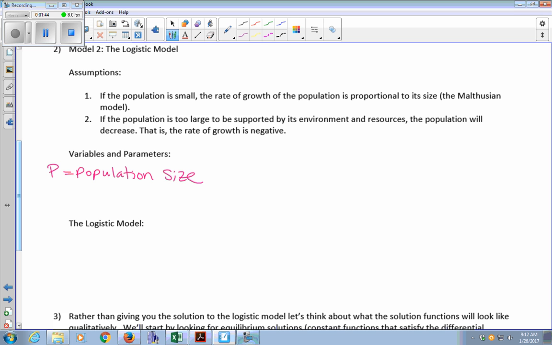But if the population is too big, the size of the population will start to decrease. So there's some critical value after which the population is too big. We call it a carrying capacity. We'll call it capital N. It's not a variable, it's a parameter, some number at which the population is now too large. We'll call this the carrying capacity of the environment.